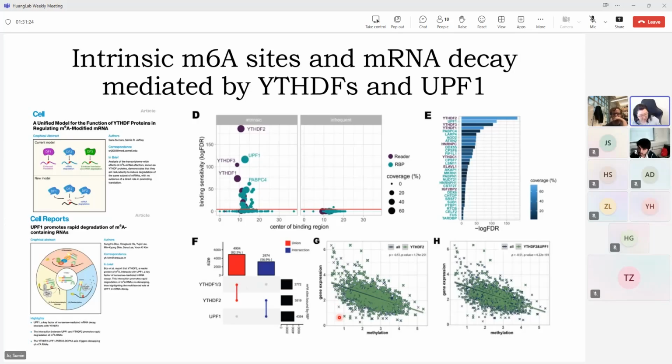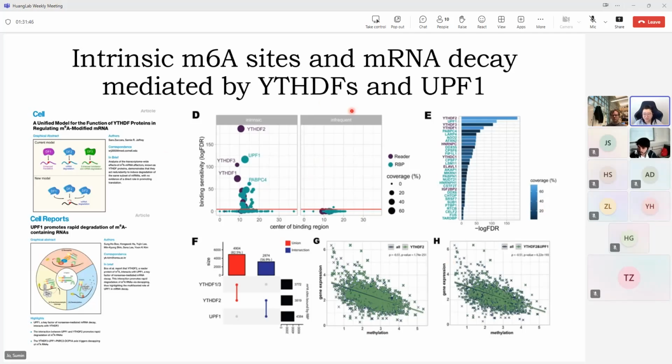I haven't listed in detail all the reader proteins, but there are many known reader proteins that have multiple different functions. Some affect splicing, some affect nuclear export, some affect mRNA stabilization, and so on.